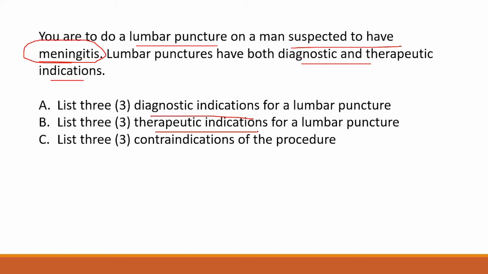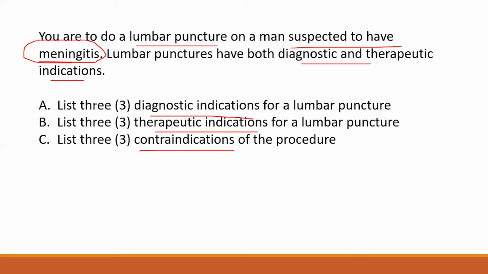What are the contraindications? In other words, under what conditions are you not going to do lumbar puncture? One, when there is an infection at the lumbar puncture site. You usually do lumbar puncture around the L3 and L4, the space between the L3 and the L4. That is where we do the lumbar puncture.